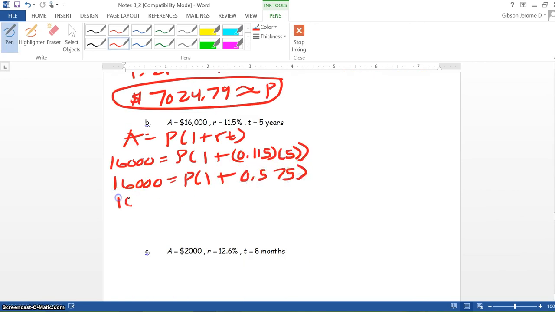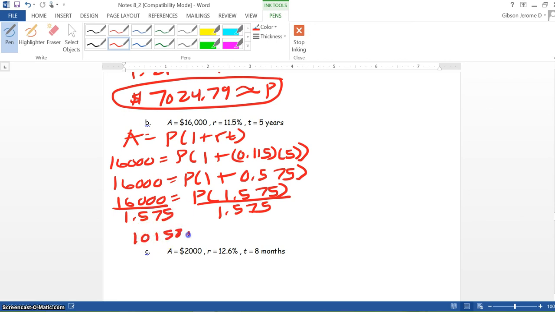Now when we add these together, we have 16,000 equals P times 1.575. Now we would divide each side by 1.575. And our final answer would be $10,158.73. And that is the approximation of what your principal would be.